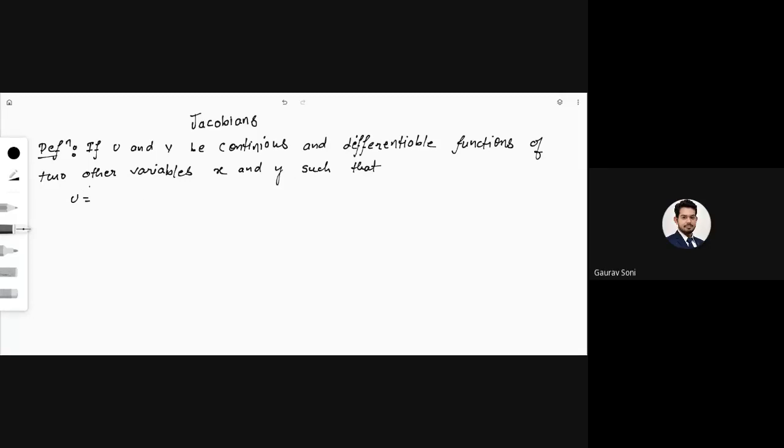such that u is equal to phi1 of x comma y and v is equal to phi2 of x comma y.